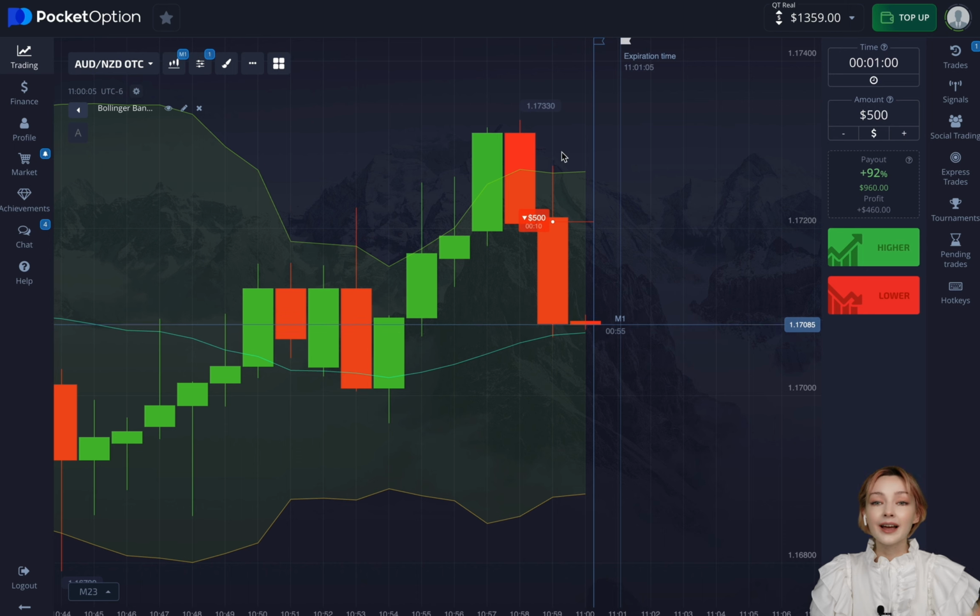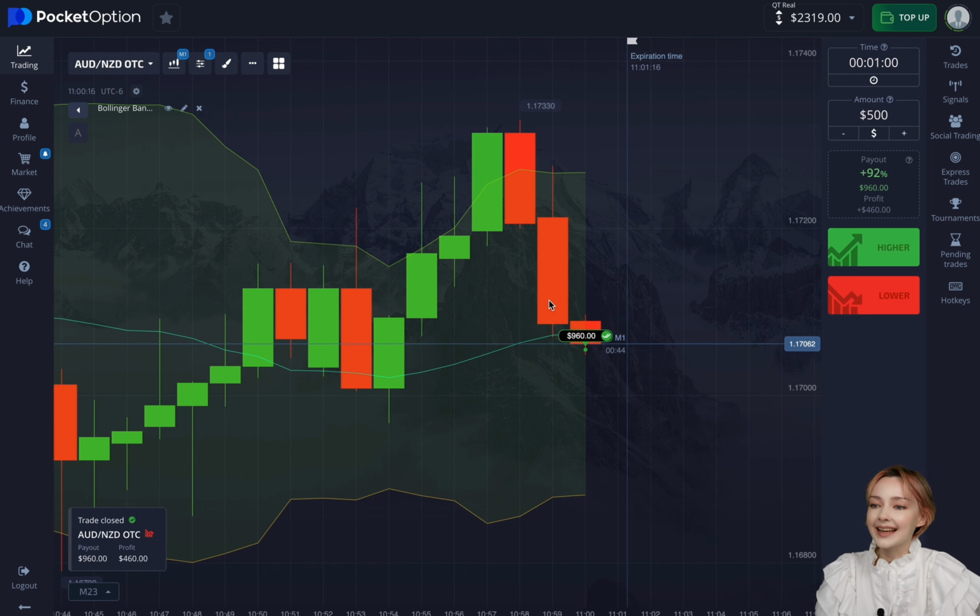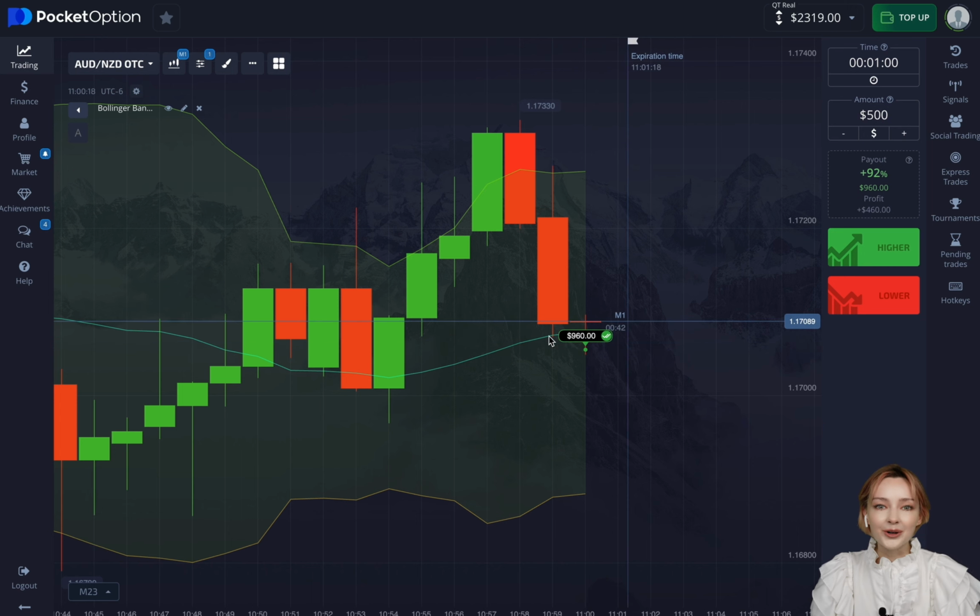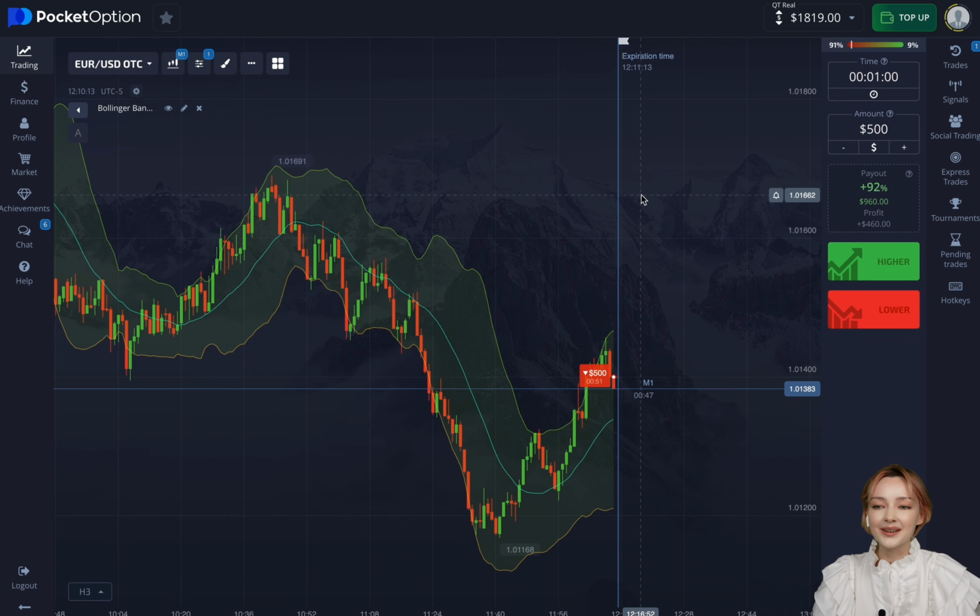In total, we've got two candles of the same size that are normally followed by a red candle, and the red candle has settled and made us plus $460. Amazing!